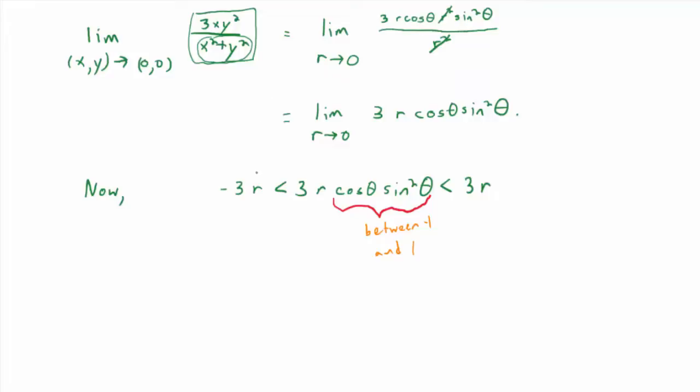What is the limit of negative 3r as r goes to 0? 0. What is the limit of positive 3r as r goes to 0? 0. So what's your conclusion?